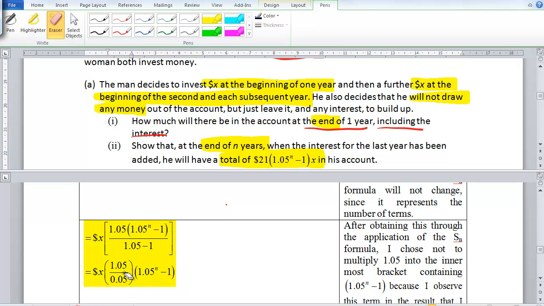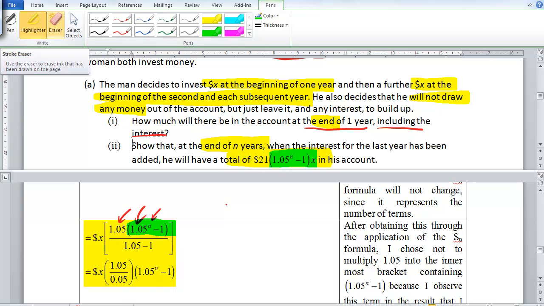So this is the A, this is the N, and this is the R. Now again over here, I choose to keep this particular factor intact because if you look up at the question component, you can see that the question is directing us to keep this factor untouched.